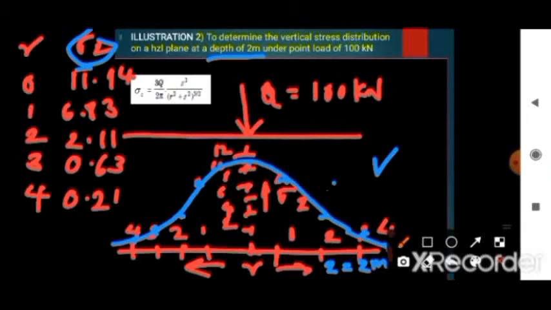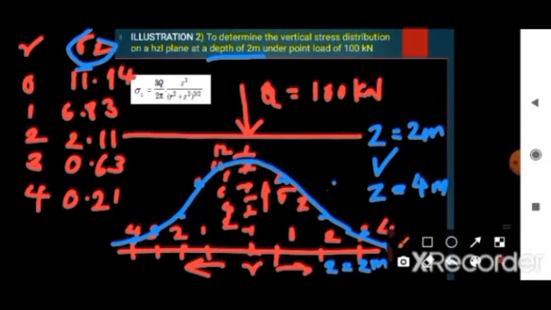Till now we have discussed the values of sigma z by taking r as 0, 1, 2, 3, 4 meter, and the depth z equal to 2 meter. Next we will take z equal to 4 meter.